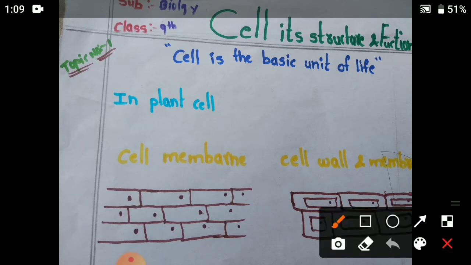The plasma membrane supports the plant cell, maintaining its proper shape and size. It also helps the cell receive whatever substances it requires and allows whatever substances are not needed to go out.